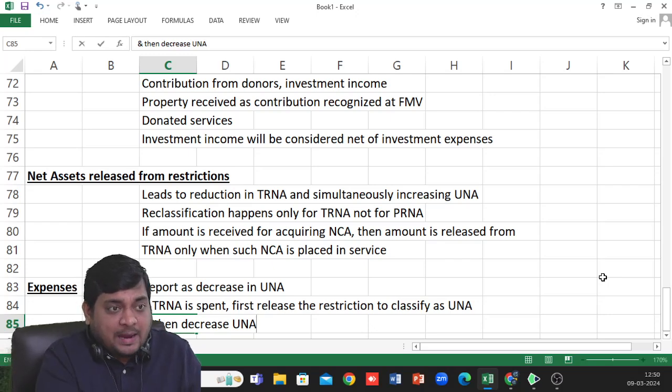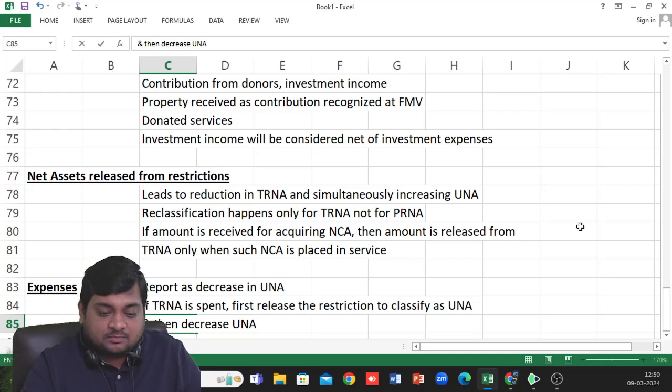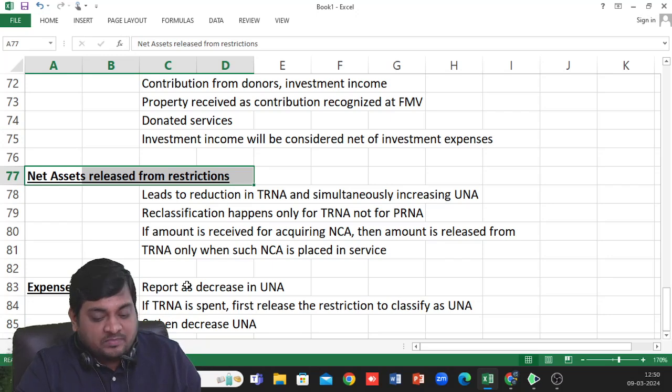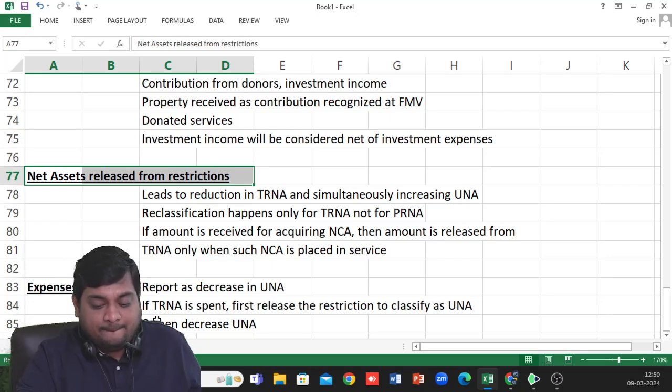First we will do this line, net assets released from restrictions, and then I will decrease UNA.